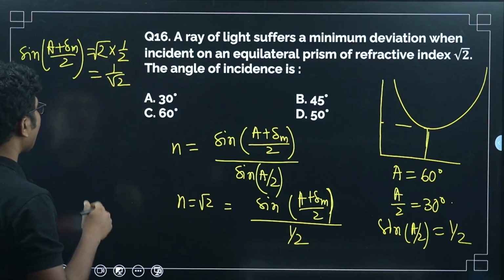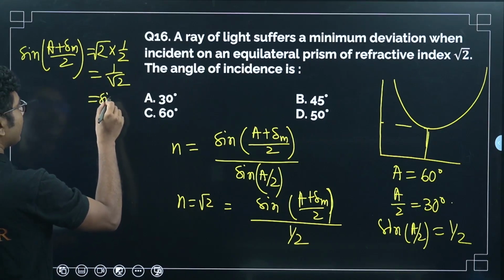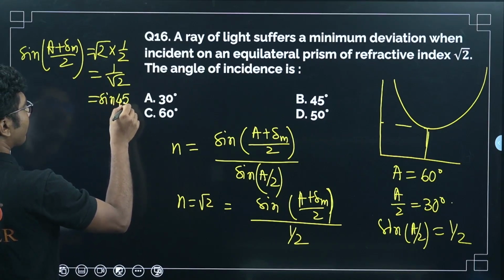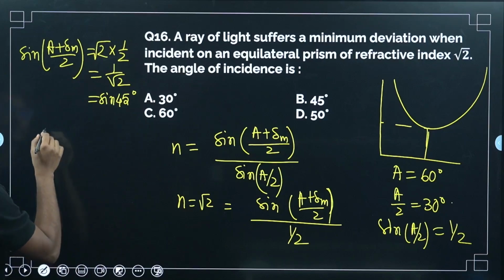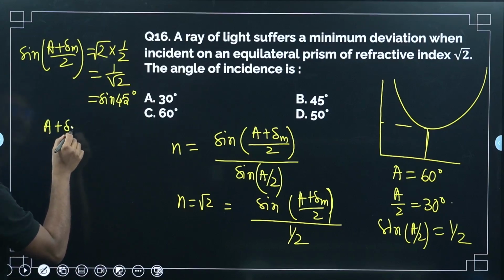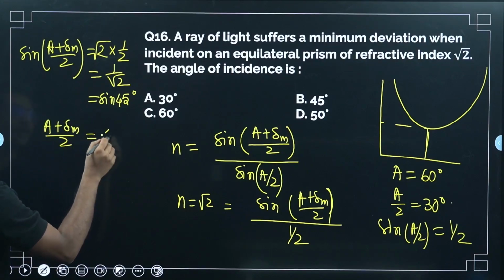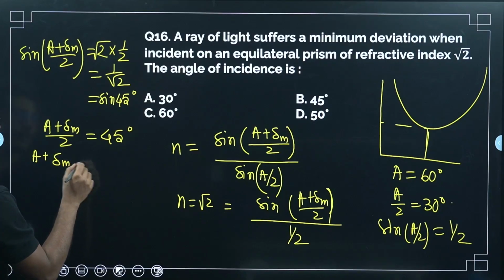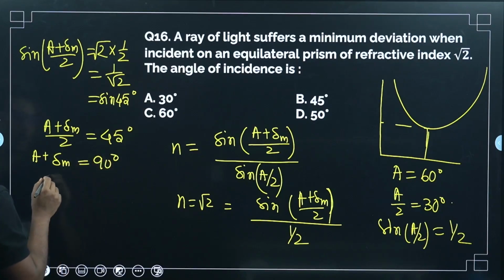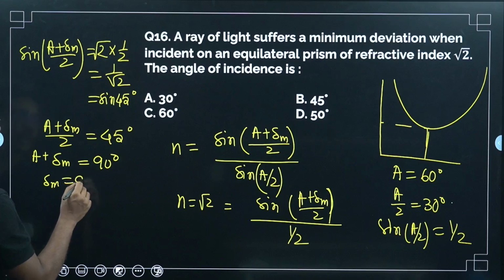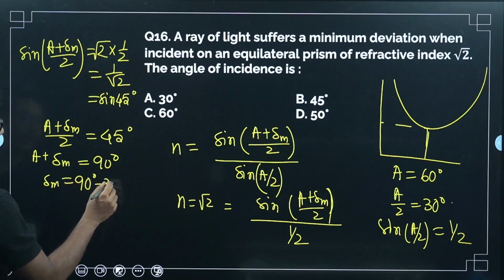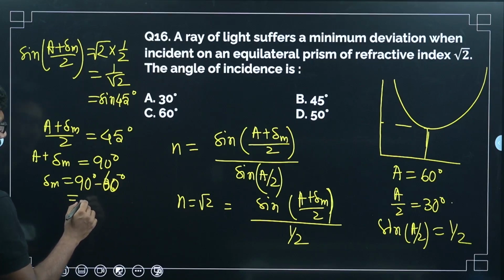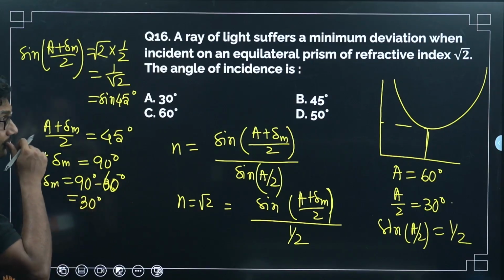What is 1 by √2? 1 by √2 means sine 45 degrees, right? So, (A plus delta m) by 2 is 45 degrees, or A plus delta m equals 90 degrees, or delta m equals 90 minus 60 degrees. So that is equal to 30 degrees. So, delta m we have received is 30 degrees.